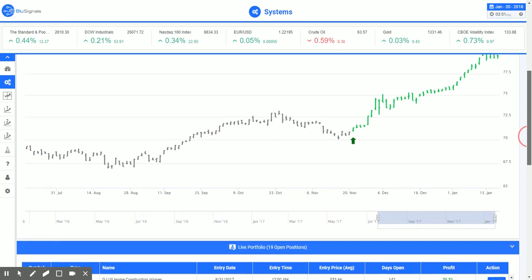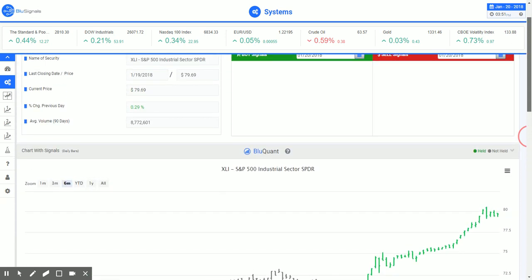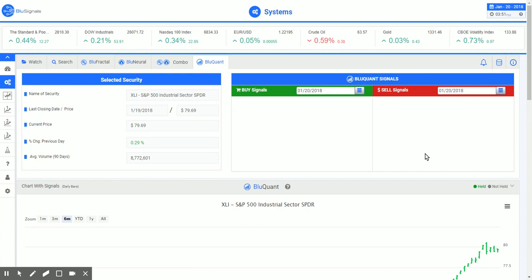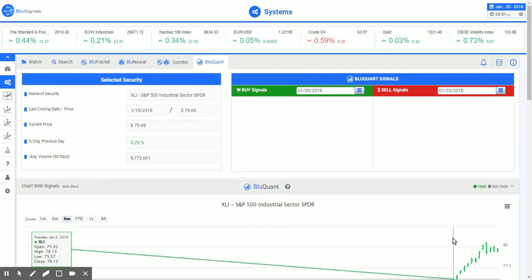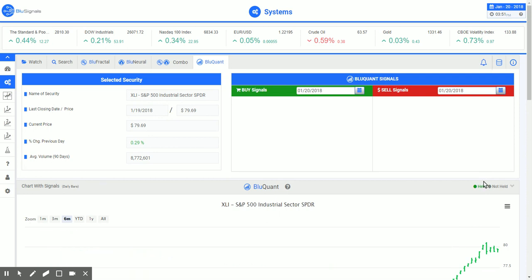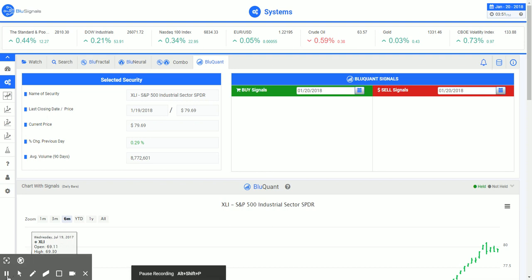So BluQuant is extremely successful in regard to the signals it produces and the consistency of the returns, and equally important is its ease of use and what little time and attention one would need to successfully operate the BluQuant system.